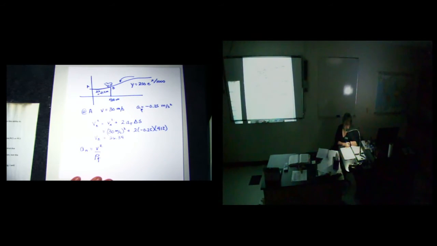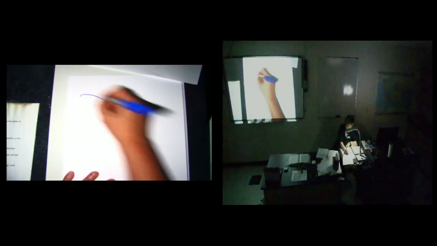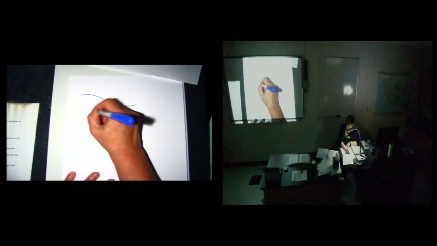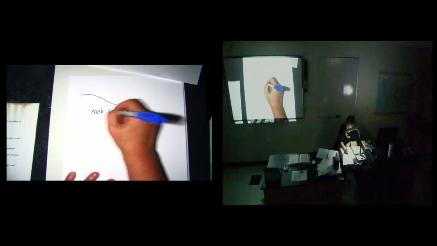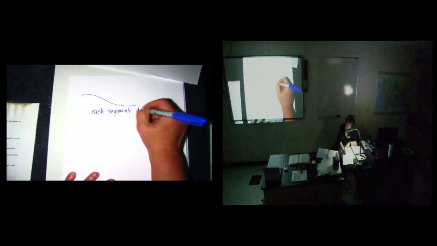You can go back to your calc book and find that the radius of curvature is 1 plus the derivative of y with respect to x, squared, to the 3 halves, divided by the absolute value of the second derivative.